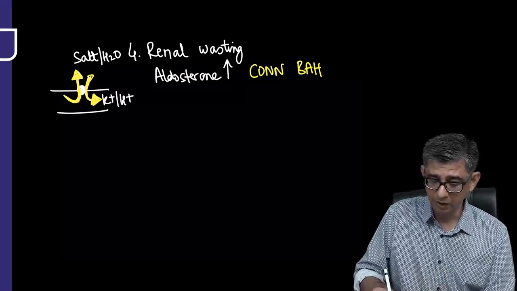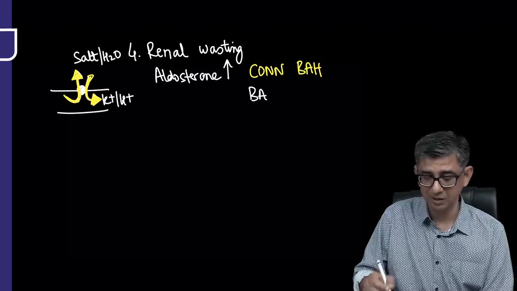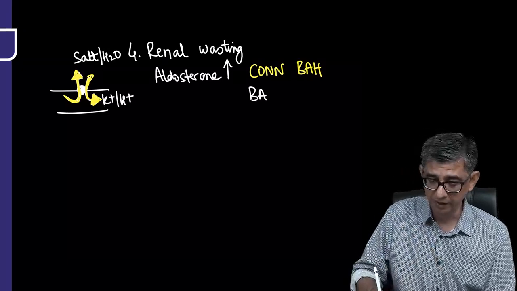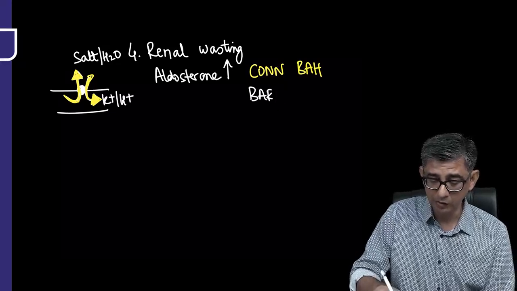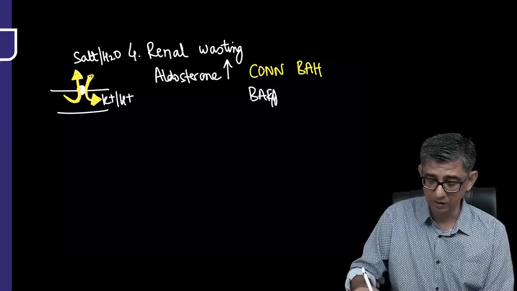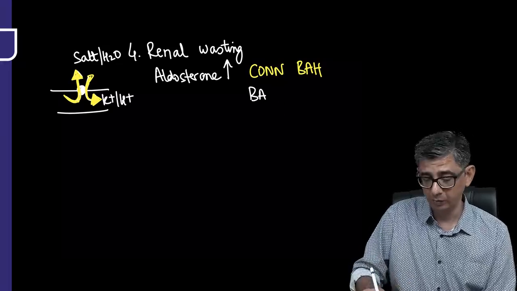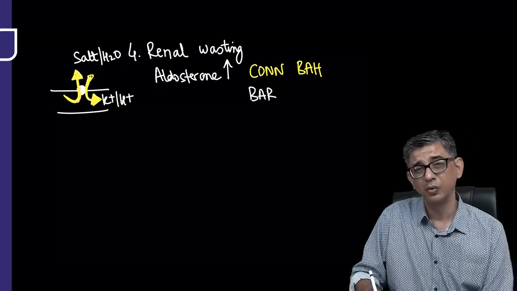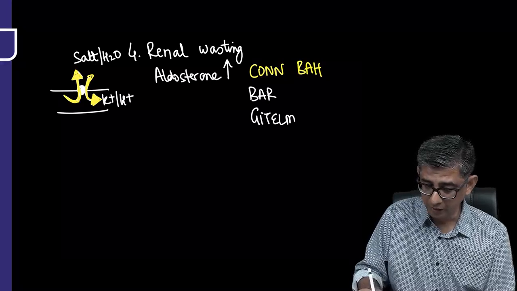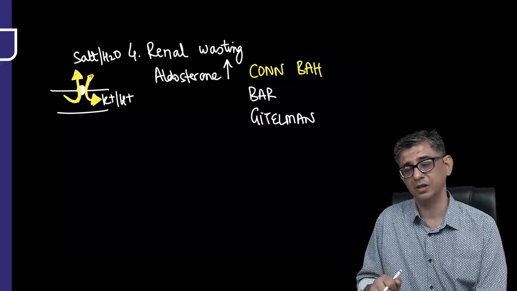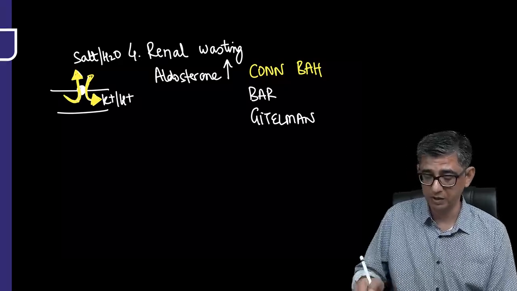Then subsequently, in the video just after this electrolyte imbalance, you will find a video on Bartter syndrome, then Gitelman syndrome. These are also conditions which have metabolic alkalosis and simultaneously a hypokalemia component. I'll not get into the technical details of Bartter and Gitelman at this juncture, because otherwise it will change the entire focus of discussion.